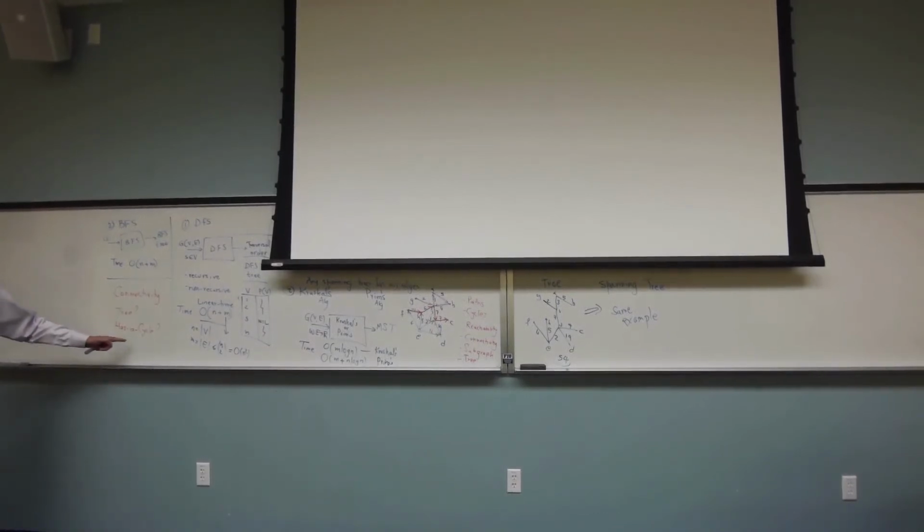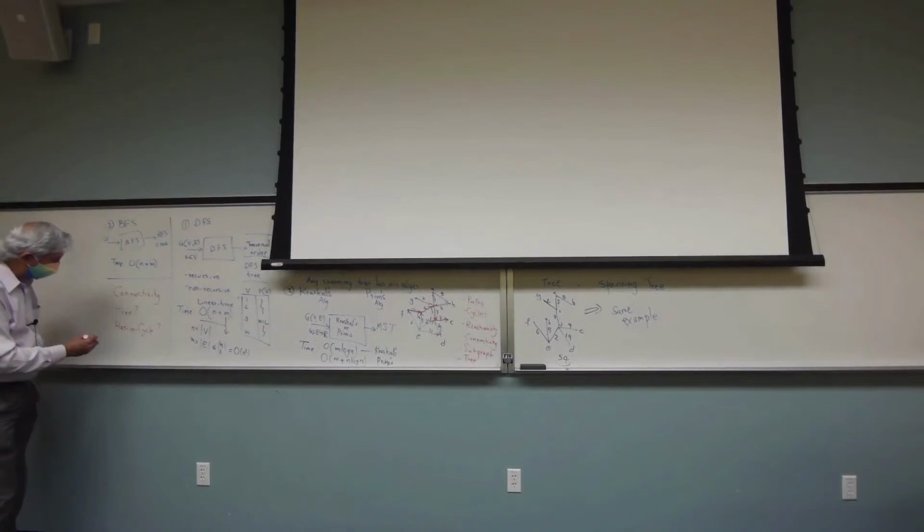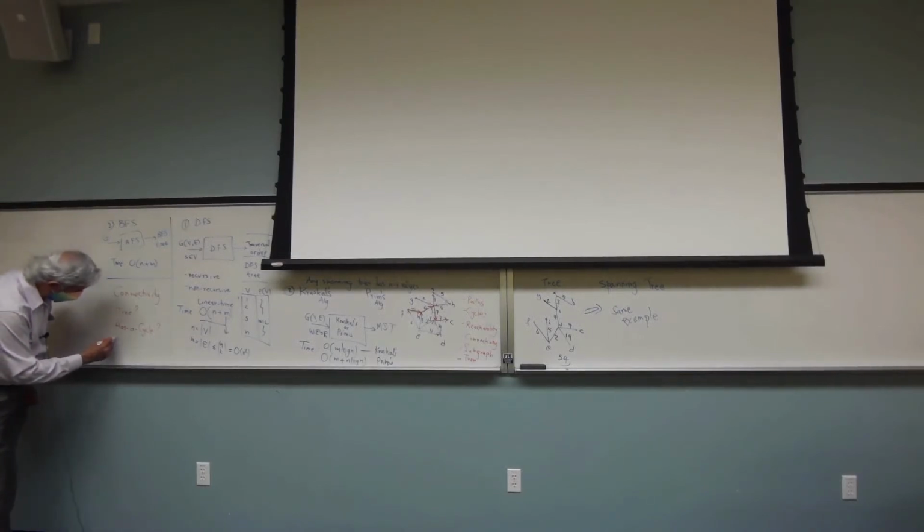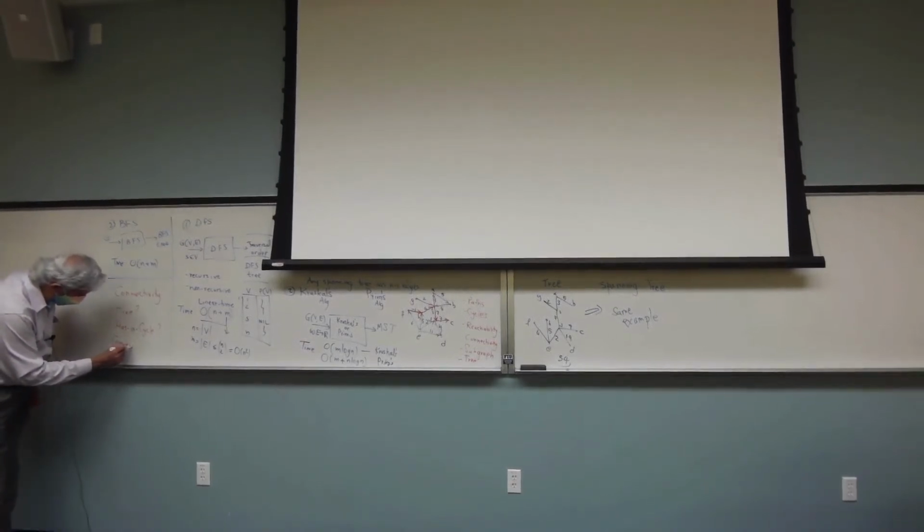You can do that in a similar fashion. All you have to do is to check whether it's connected. If it's connected, you have to check whether it has more than n minus 1 edges. You could still test this even if the graph is not connected. If the graph is not connected, there is a way using depth first search and breadth first search to list all connected components.